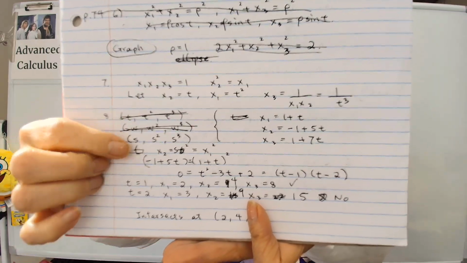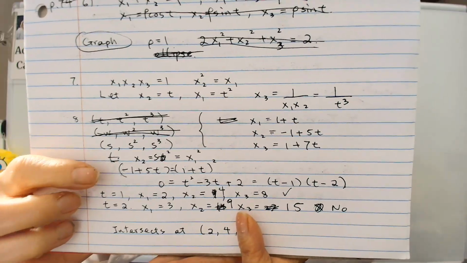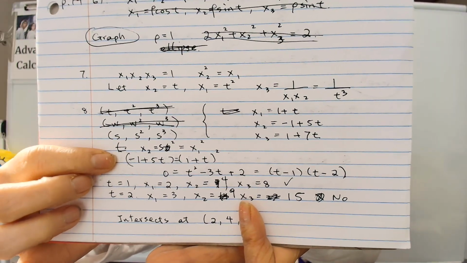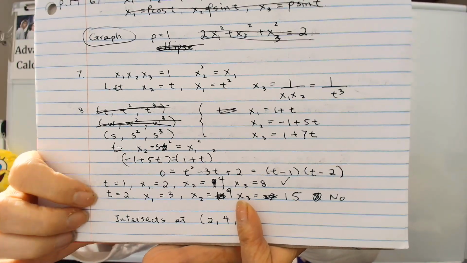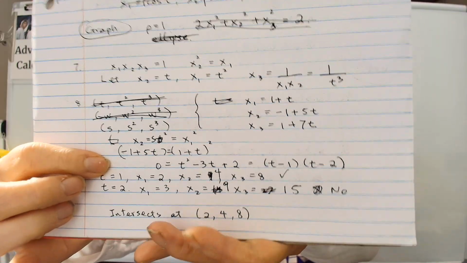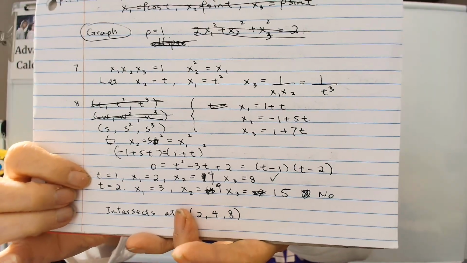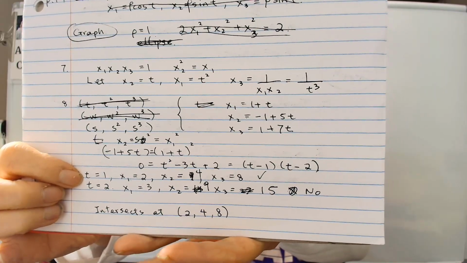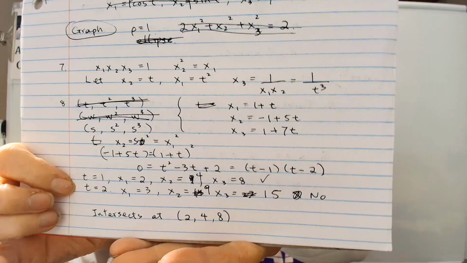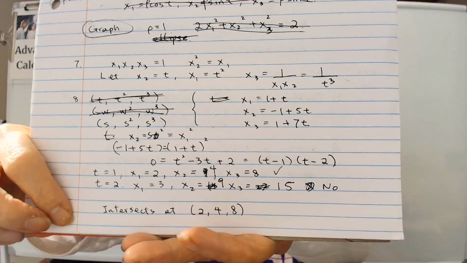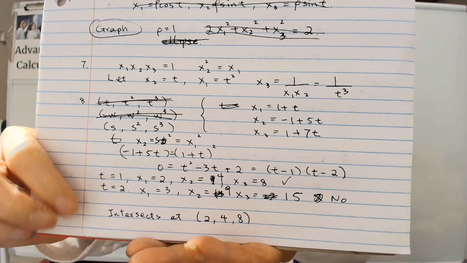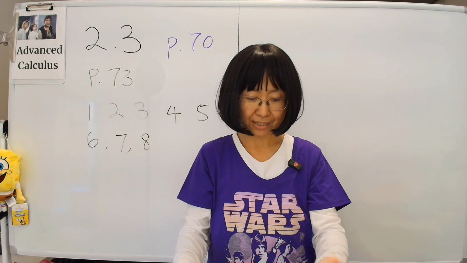The second component is the square of the first one. So that's what I wrote down right here. Now if that is the case, I solve for t, and we get a nice quadratic equation. When t is 1, it does give us the right answer that fits both cases. t2 doesn't work. So the twisted cubic and whatever that is intersect at 2, 4, 8, and that's the right answer.